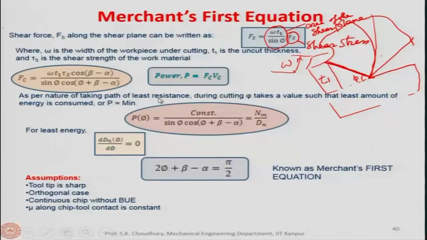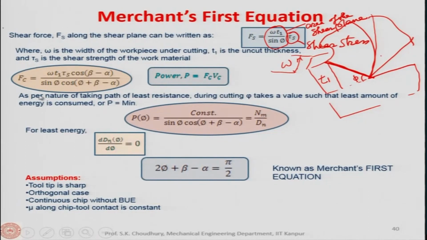So, in the case of metal cutting also, as per the nature, the cutting process itself adjusts the phi in such a way that the minimum power is consumed for the machining process. This is nature. This is what happens in metal cutting as well. So, that means the P will be minimum.